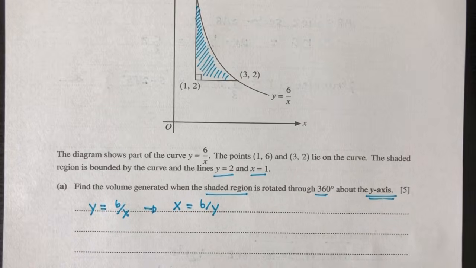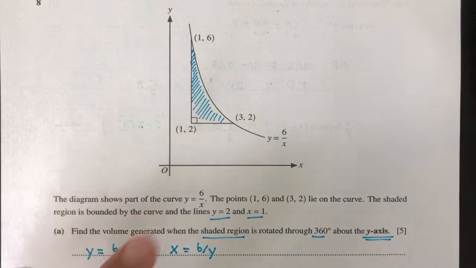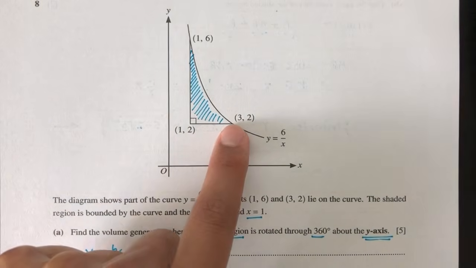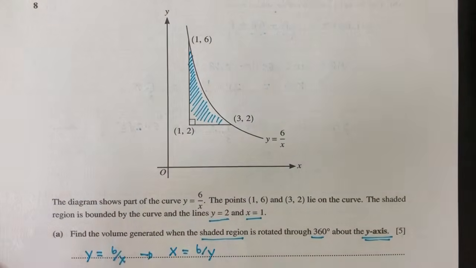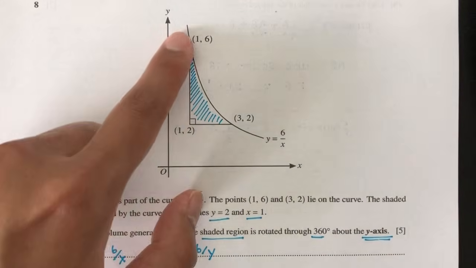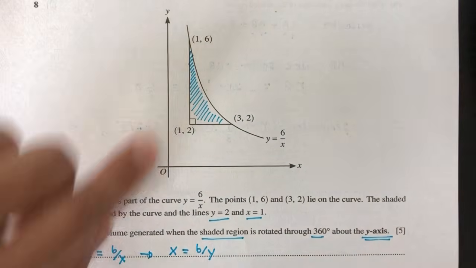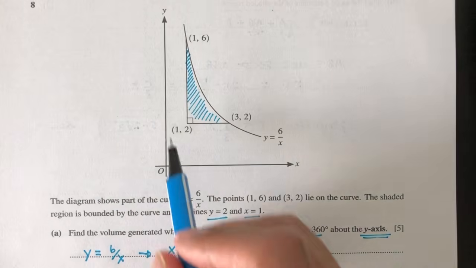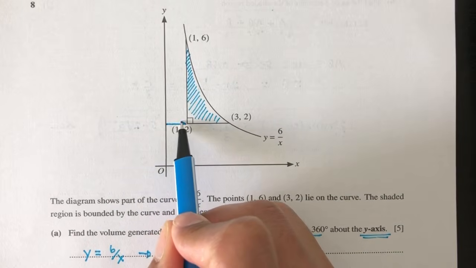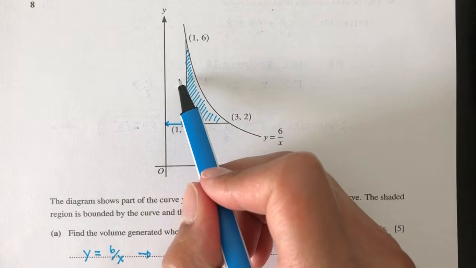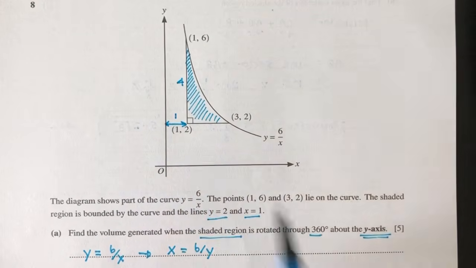Now the volume will be the volume of the curve being rotated minus the volume of this being rotated. If you rotate a line about the y-axis, it will become a cylinder, and the radius will be this length and the height will be this length. 6 minus 2 will be 4 for the height, and radius will be 1.